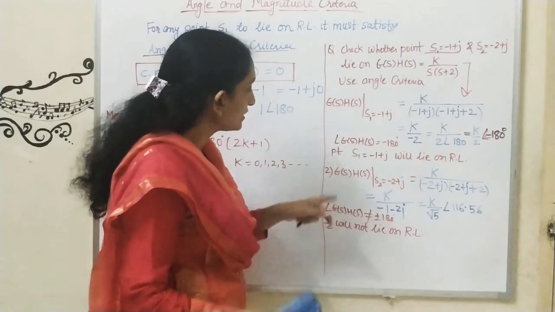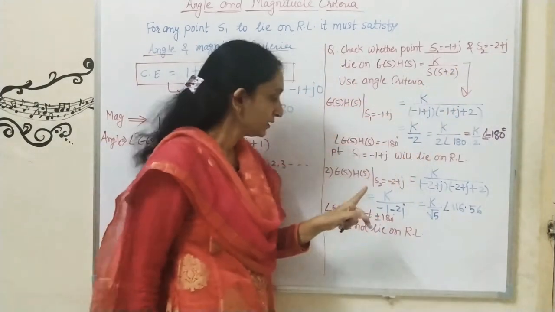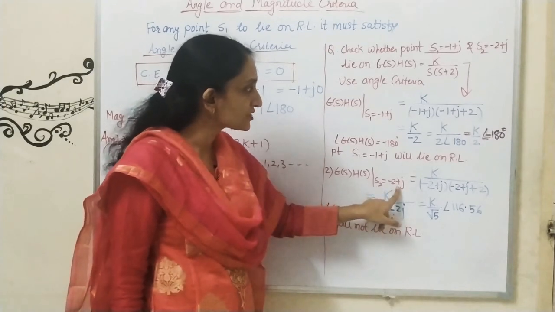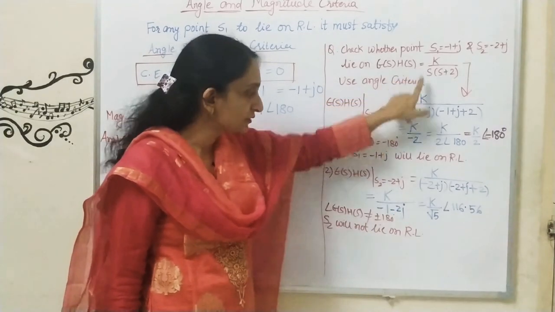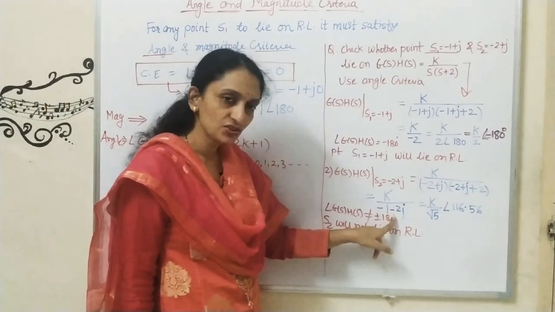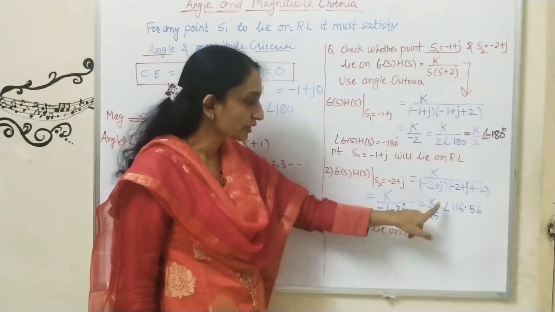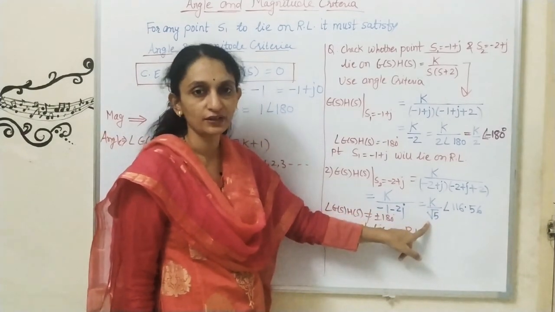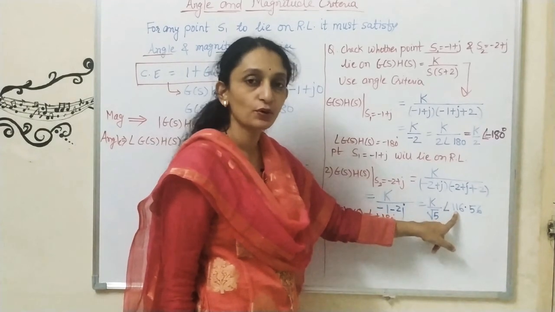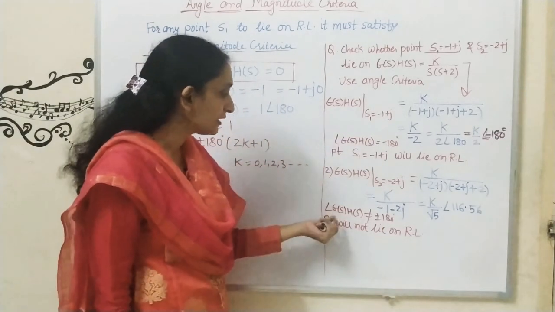The second point is S2 equal to minus 2 plus j. Again I substitute s equal to minus 2 plus j in the same transfer function. After rearranging, I got the rectangular form minus 1 minus 2j, so K by root 5 is my magnitude and the angle is 116.56 degrees.